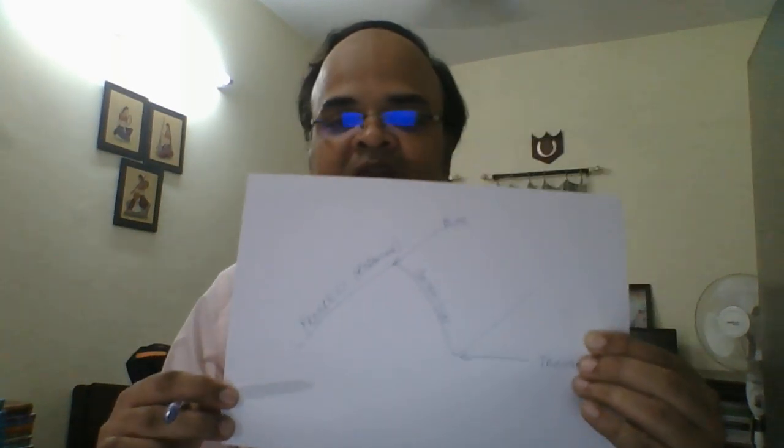These are the four stages of economic cycle: expansion, peak, contraction, and trough. During the expansion phase, the economy experiences relatively rapid growth.